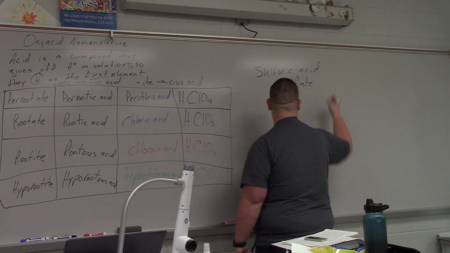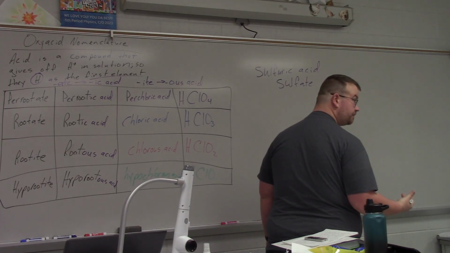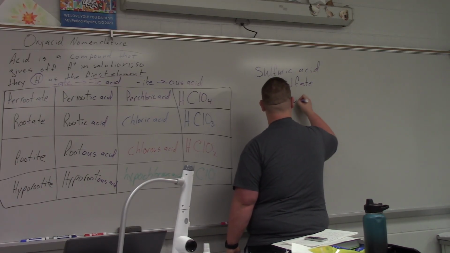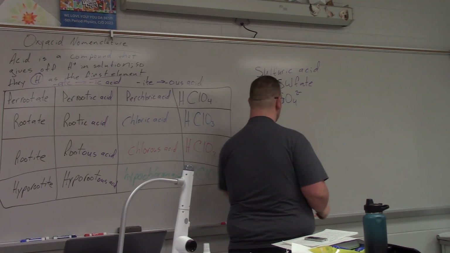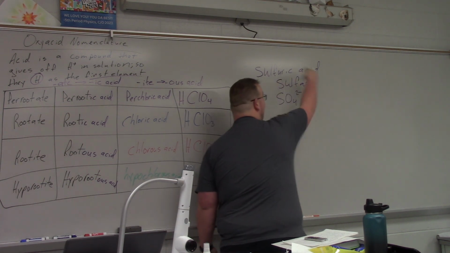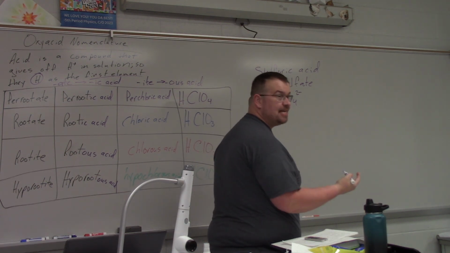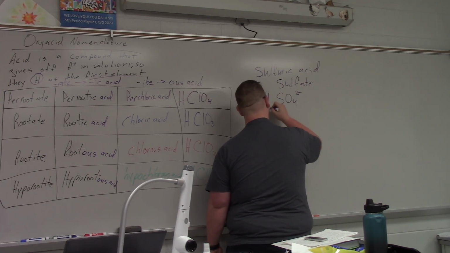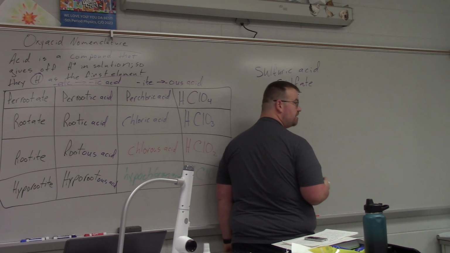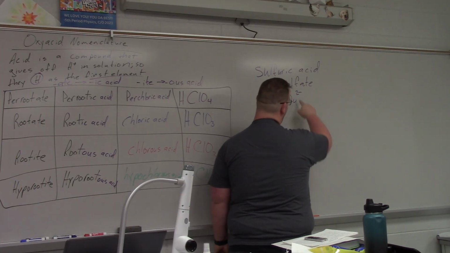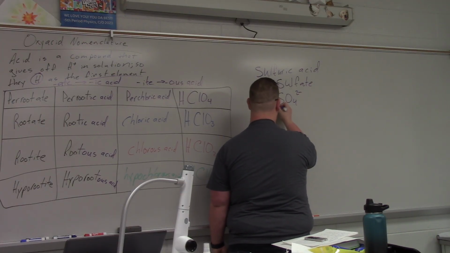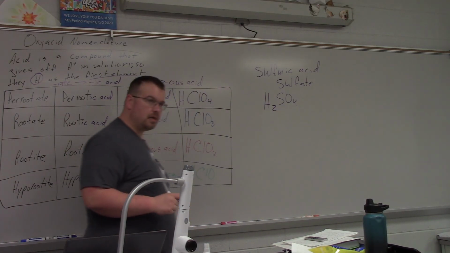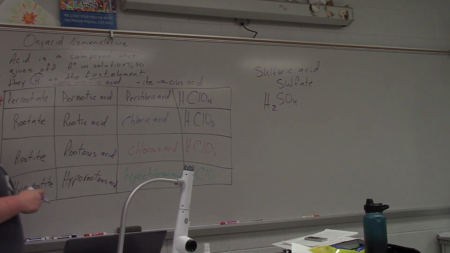So you end up with sulfate. So ate, that's SO4, 2 negative. Well, we have ic acid. So we want the acid, so we have to have hydrogen first. So you add the hydrogen in. How many hydrogens do you add? What's the charge? 2. So it's 2 hydrogens. Take the charge away.